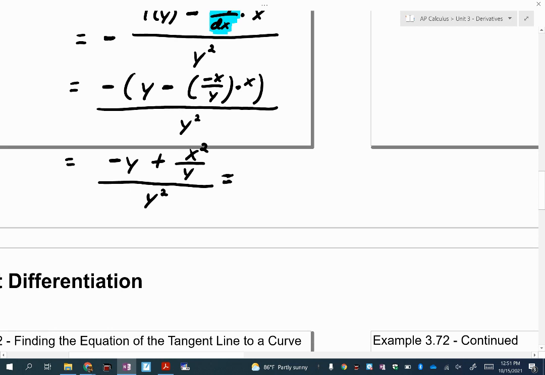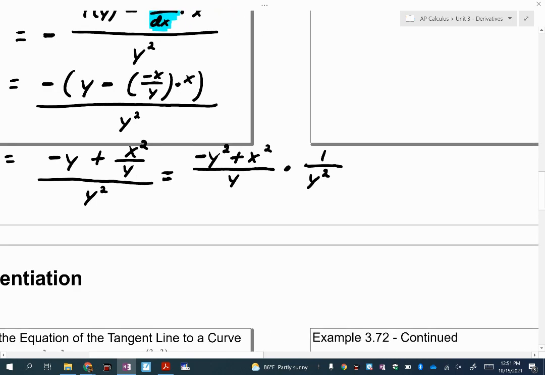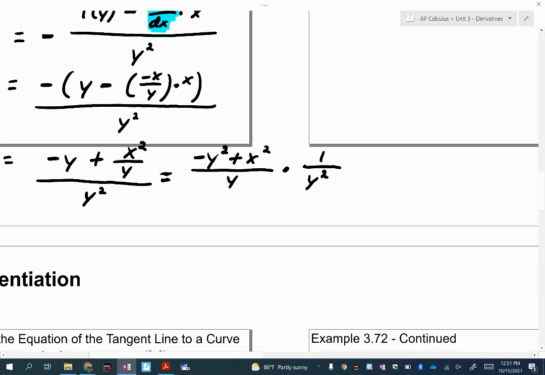If I get a common denominator of y, that's going to be negative y squared plus x squared over y, and then divided by y squared, which is times 1 over y squared. Okay? And then if I finish this, it's going to be negative y squared plus x squared all over y cubed.